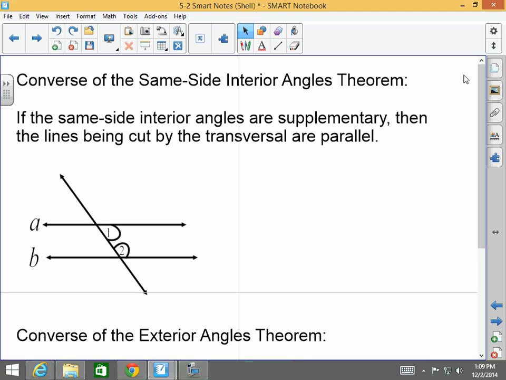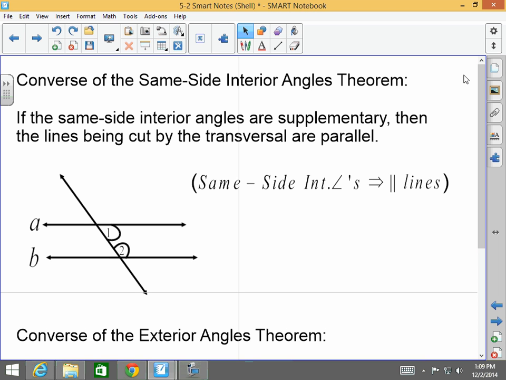Converse of same side interior angle theorem. Here we have it a little bit different. If the same side interior angles are supplementary, then the lines being cut by the transversal are parallel. Remember that same side interior angles, they're not congruent, rather they are supplementary. So if you have same side interior angles that are supplementary, then you're going to have parallel lines.